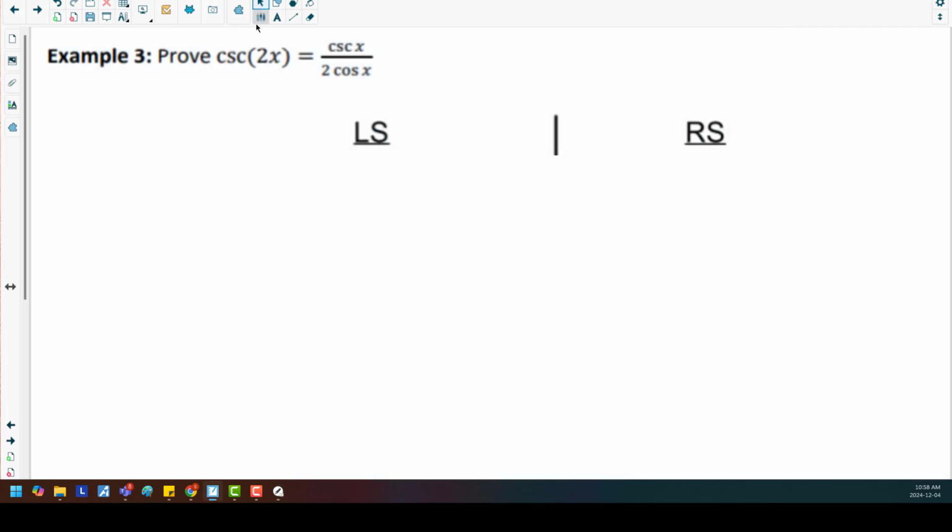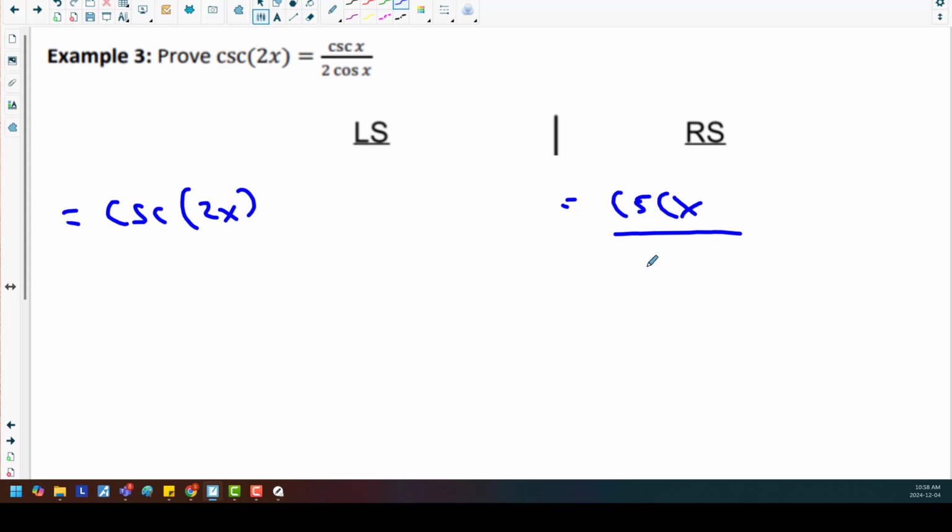Example 3. Prove that cosecant 2x is equal to cosecant x over 2 cos x. Okay, let's see if we can do that. So we have a double angle and a reciprocal, so we'll deal with that.